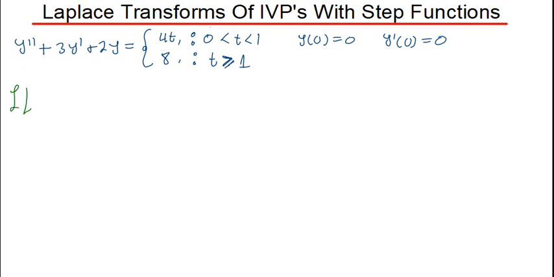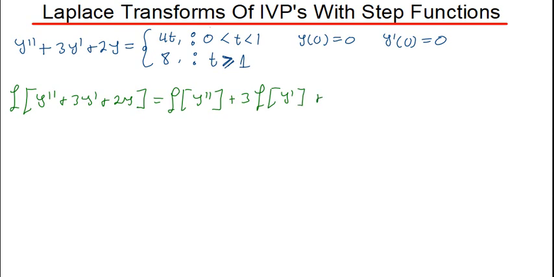I'll say the Laplace transform of my differential equation, which is y prime prime plus 3y prime plus 2y. I can write this as the Laplace transform of my y prime prime, remember the Laplace transform is linear, plus 3 multiplied by the Laplace transform of y prime, then plus 2 multiplied by the Laplace transform of y.